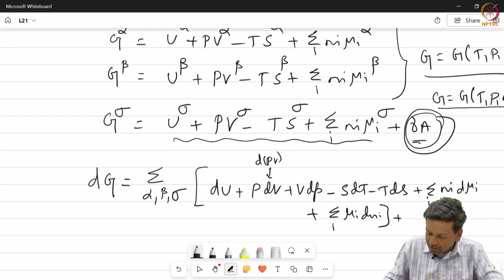So you can write this separately as gamma dA plus A d gamma.